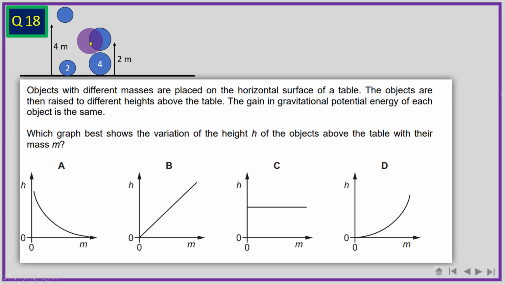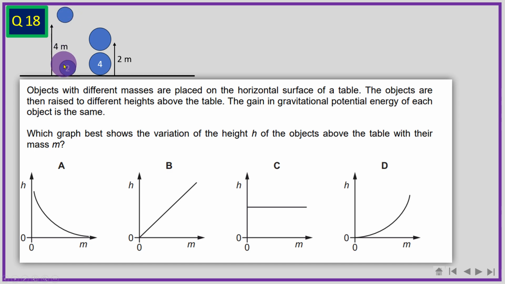Okay, so here I have the situation. We've got a mass of 2 kg, for example, and a mass of 4 kg, raised to different heights above the table. So this one is raised to 2 meters, and this one could be raised to 4 meters.